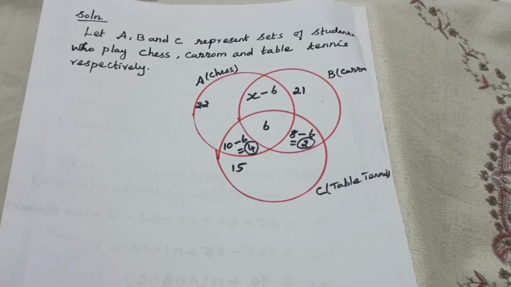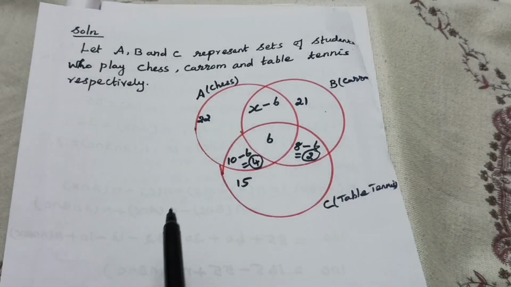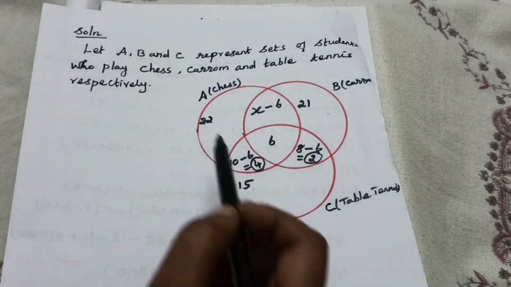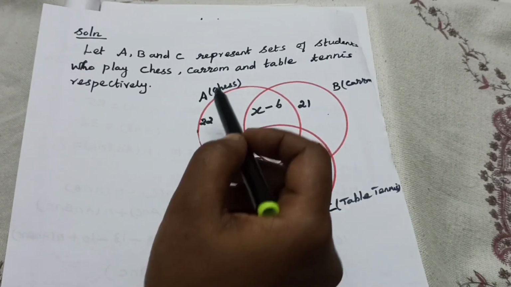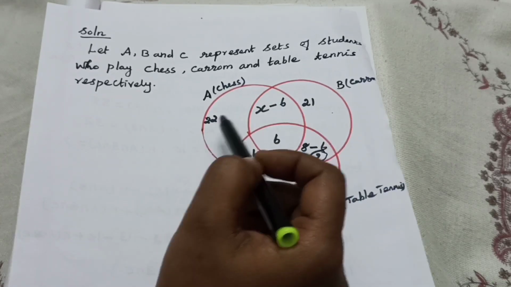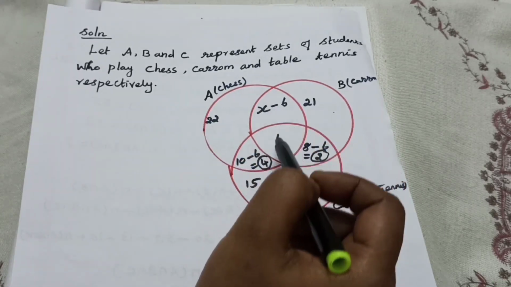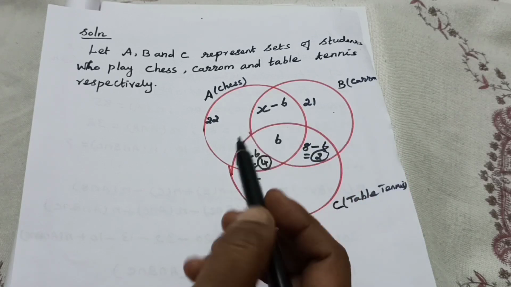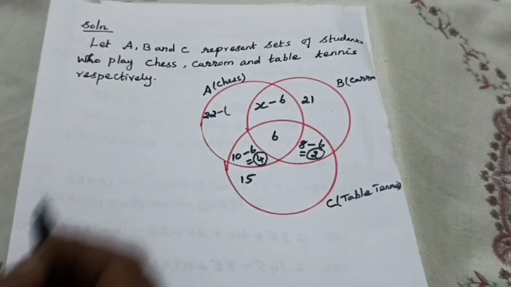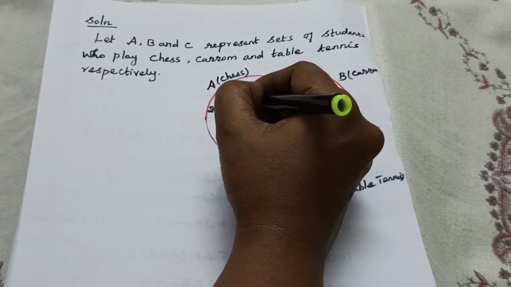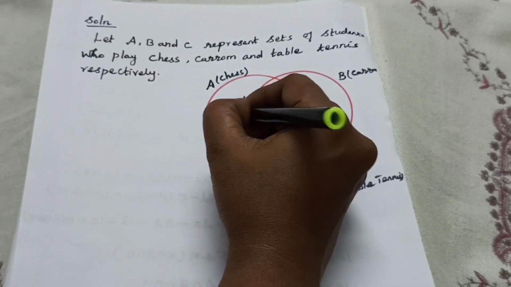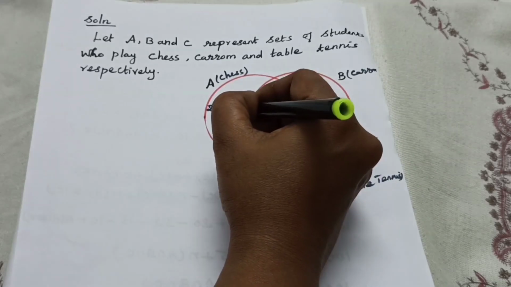Okay. Then only chess, how can we find? Total chess, how many of them play? 22, isn't it? Okay. So this portion fully we have to subtract from this 22. Minus of X minus 6, then plus this 6 plus 4.